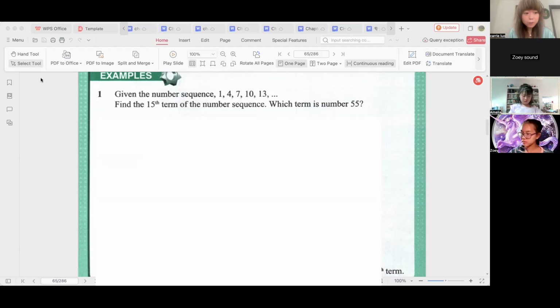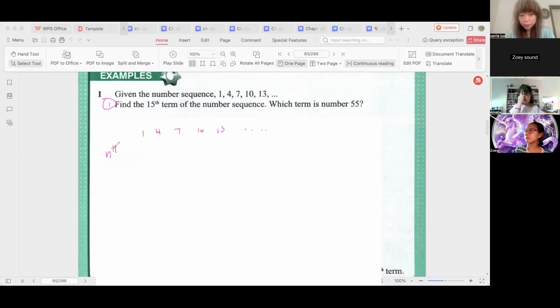Okay, so I'm going to help you to do that, okay? So let's take a look at this one. So first of all, we know the sequence is 1, 4, 7, 10, 13, right? So Zoe, the first question, find the 15th term of the number sequence. So we have the first formula.